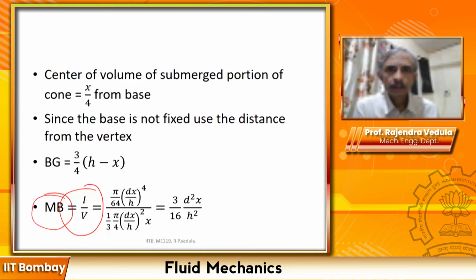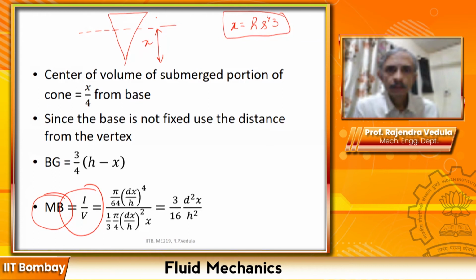So this is my cone. This is floating like so. I have x like so, and I have already determined that x is equal to h S to the 1/3, using the principle of buoyancy.